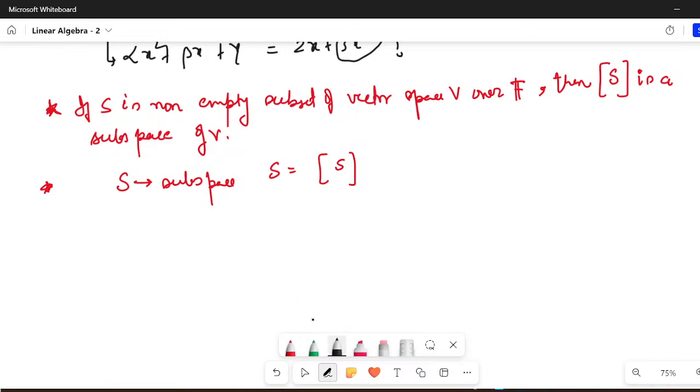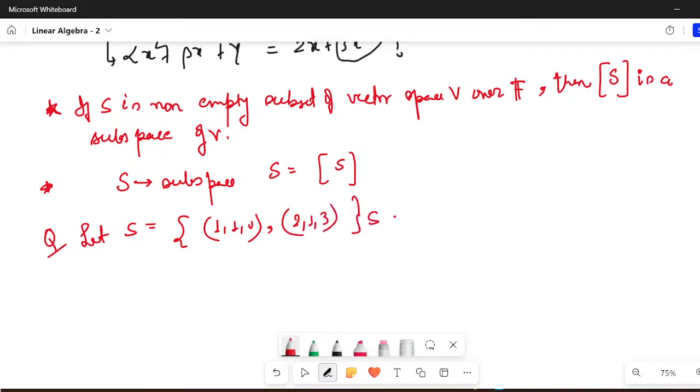Now let us consider a few questions so that you can get a hold of your concepts. The question is, let S be the subset (1, 1, 0), (2, 1, 3), and this is a subset of R cube.